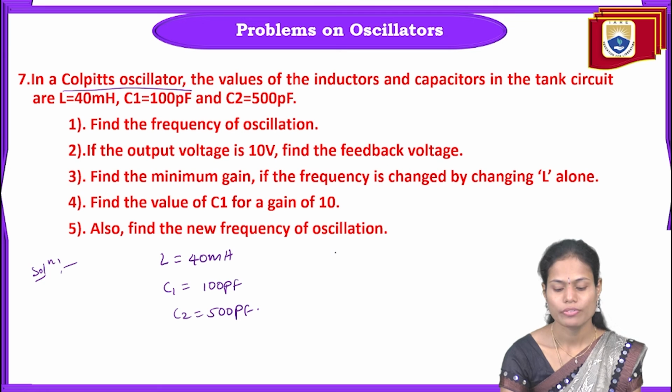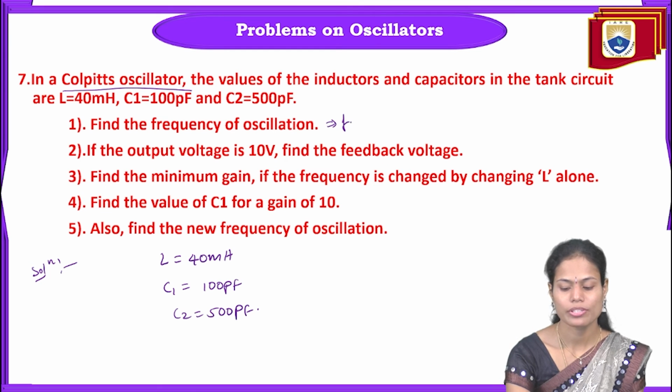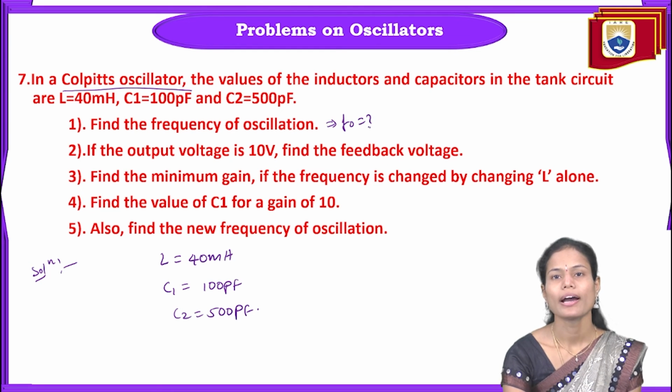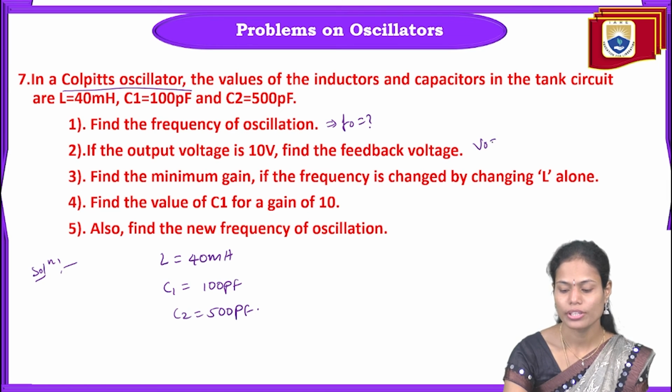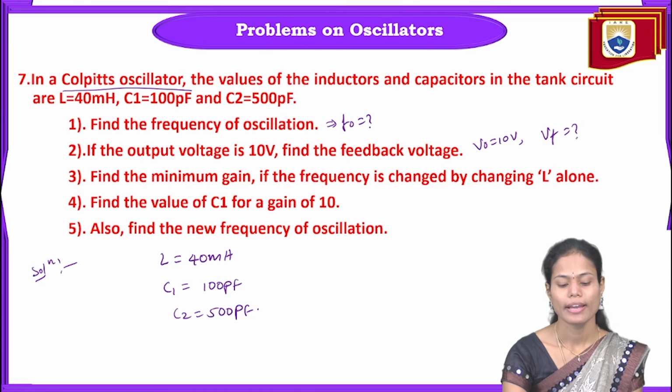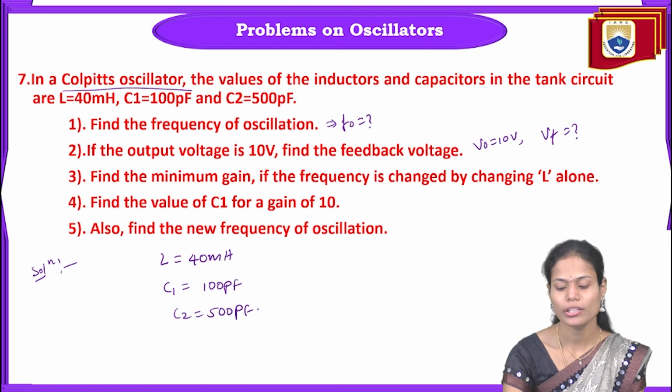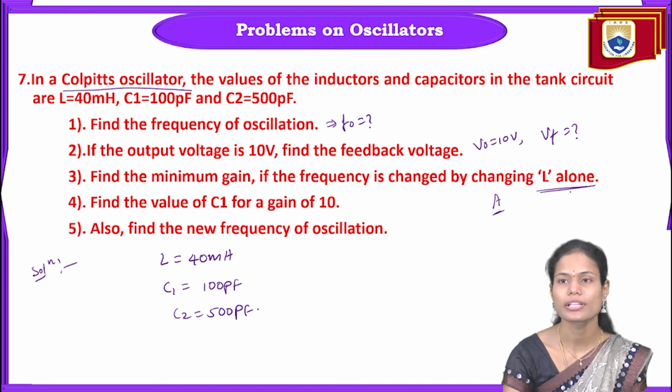In this, first we need to calculate the frequency of oscillation. If the output voltage V0 is 10 volts, how much is the feedback voltage? Next, find the minimum gain if the frequency is changed by changing L alone, that is, how much gain variation we get whenever the inductance value varies.